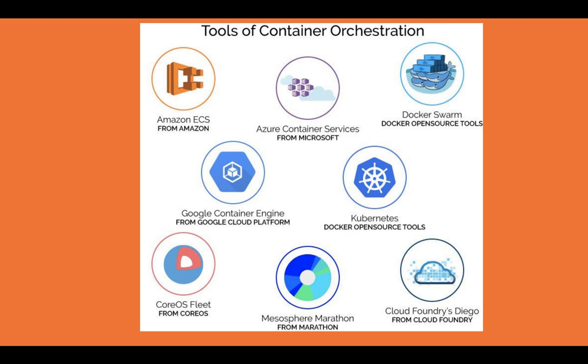Let's see tools of container orchestration. When we are running multiple Docker containers, we need some kind of container orchestration tool which will help us to run, scale, and manage our Dockers. For that, we have different tools provided from Amazon to Docker to Google.